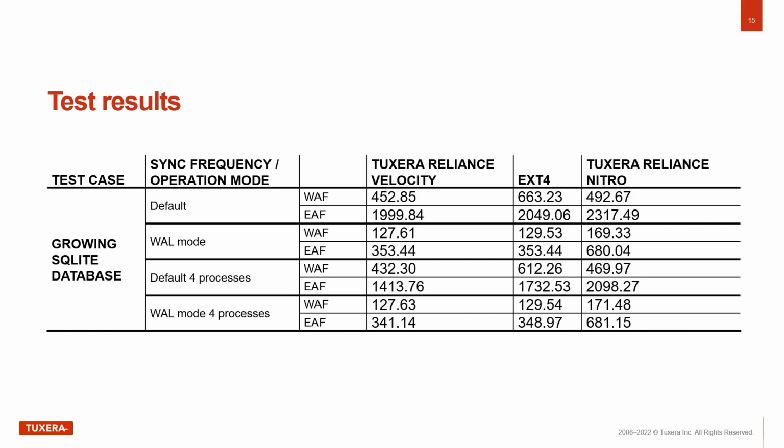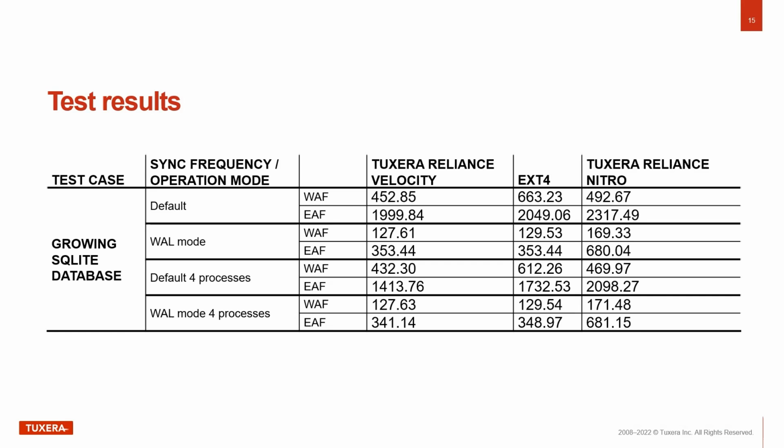Then we come into the interesting part, which is the growing SQLite database. Now, we tested growing SQLite in 4 different ways. We tested in the default way, in a write-ahead logging mode, and we tested it with 4 processes and 1 process each.